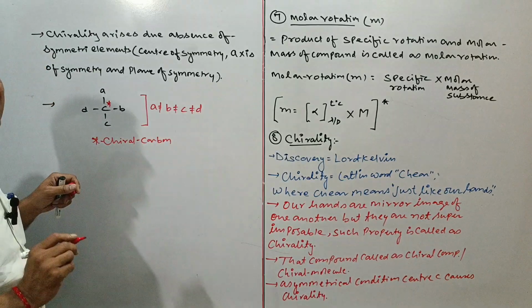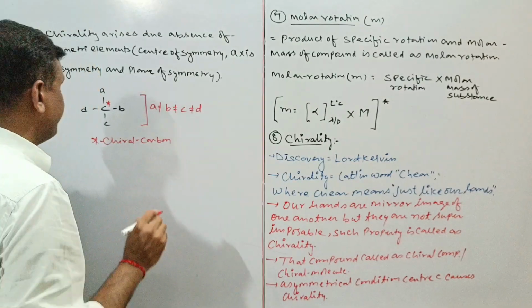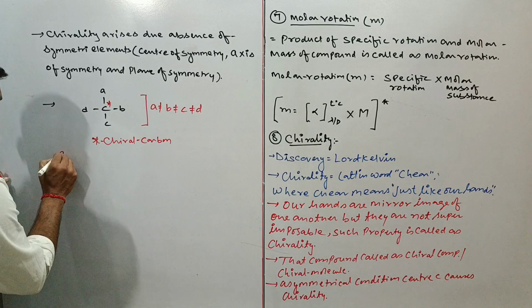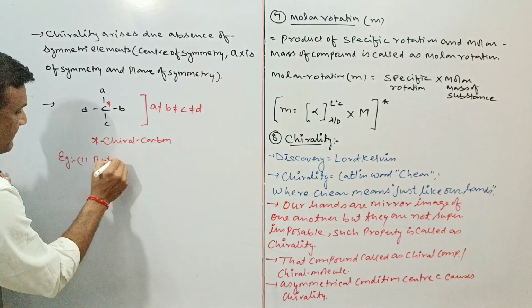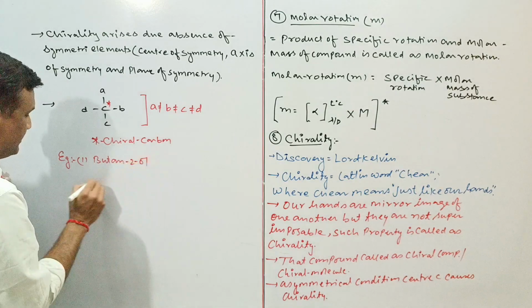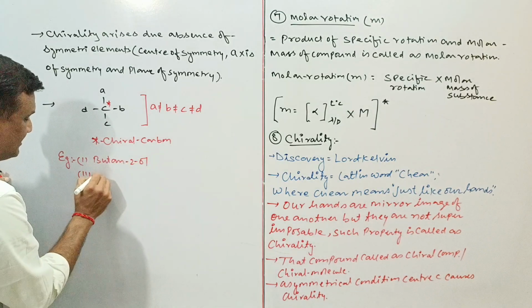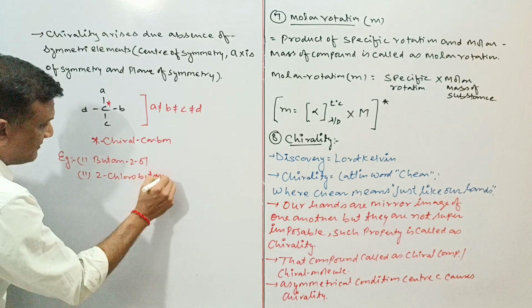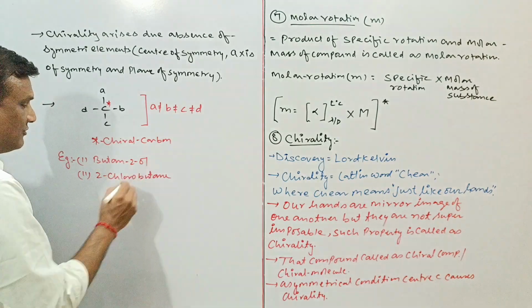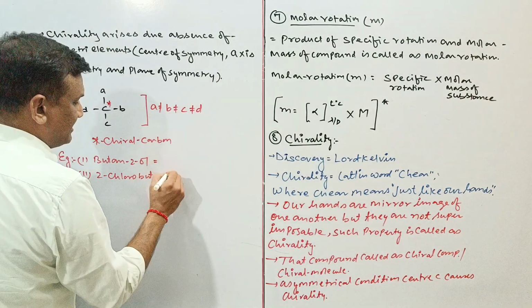If I go with the just example, then we can take some of the examples as first butan-2-ol, just regarding to haloalkane, 2-chlorobutane. If I go with the just butan-2-ol, then the structures are as follows.